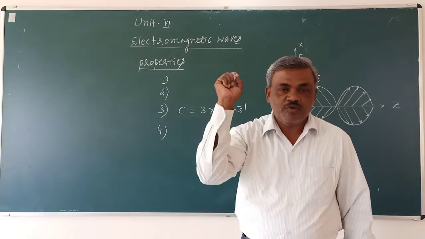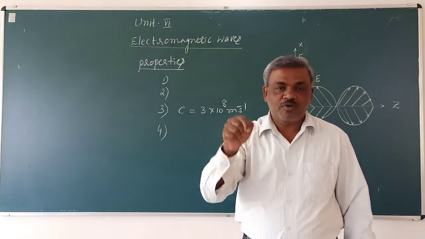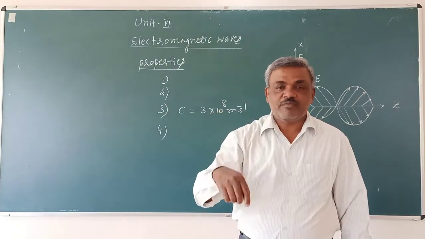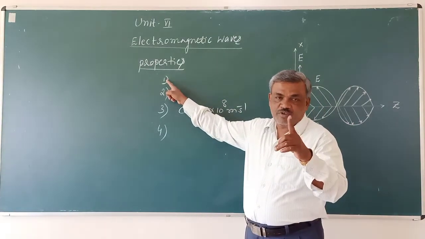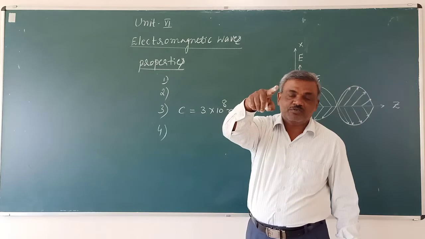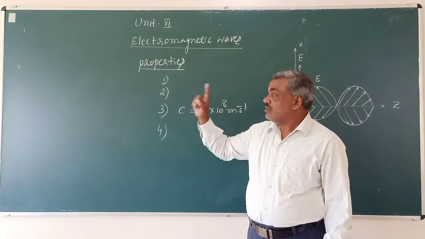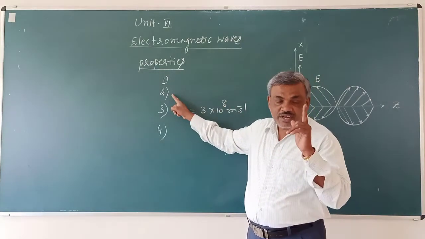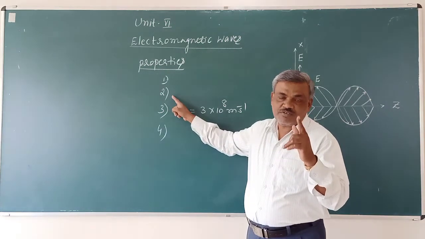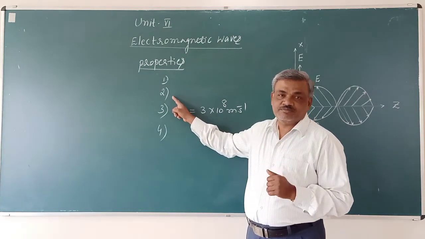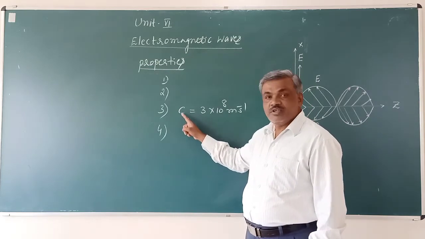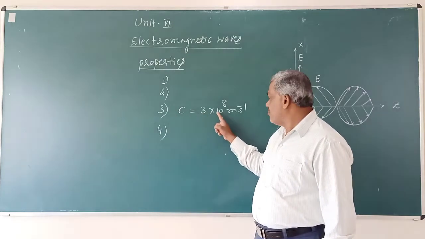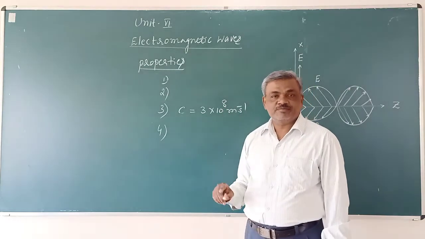These are very important points for the properties of electromagnetic waves. The first property: electromagnetic waves are transverse waves in nature. Second, the accelerated charged particles produce electromagnetic waves. Third, the speed of electromagnetic waves C equal to 3 into 10 power plus 8 meter per second.